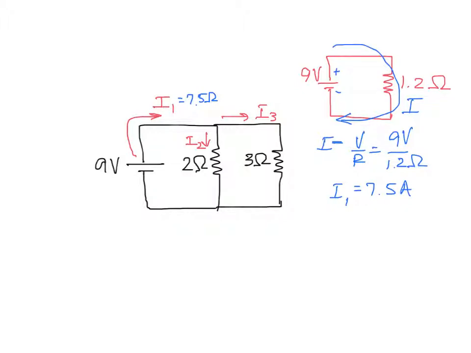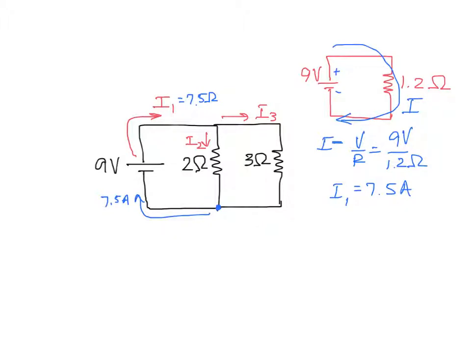All of the current coming out of the 9-volt battery is going to split between I2 and I3 in the actual circuit, but it all comes back together again at this bottom node here, and so this is my same 7.5 amps down here.